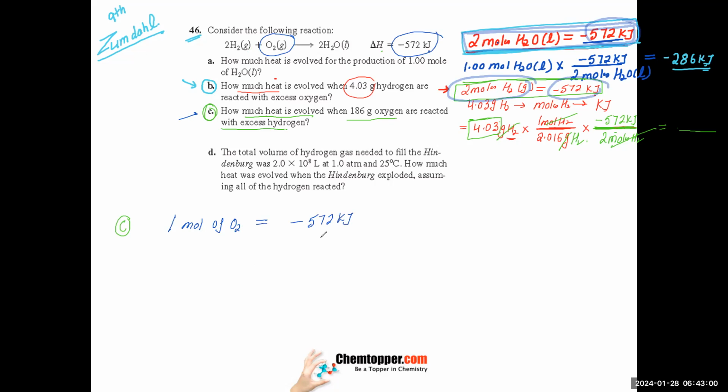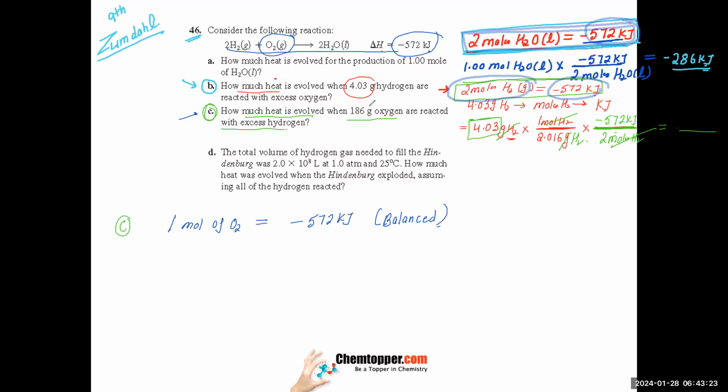Yes, this ratio you know. Children, this is something which I have seen: students are generally confused. 1 mole of O2, minus 572 kilojoules. This is dimensional analysis. I'm using the balanced equation. I'm trying to set up the relationship. Practice it. It's very important.